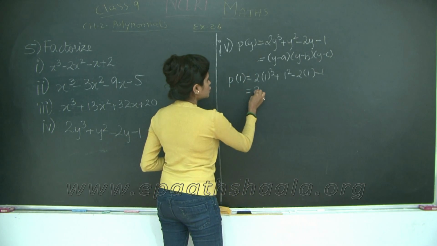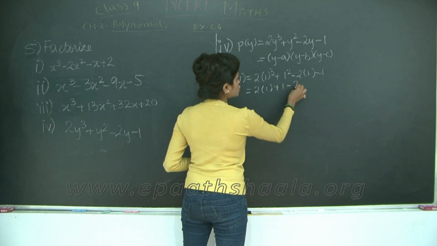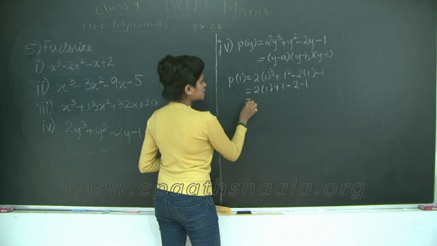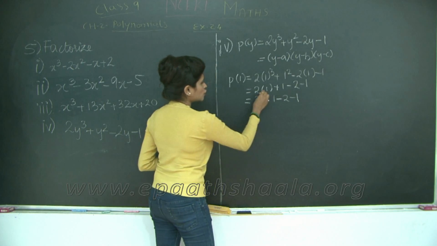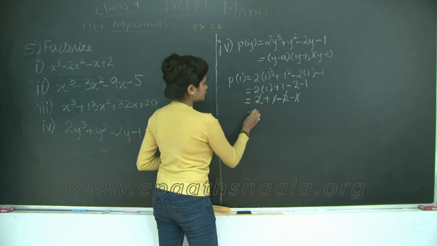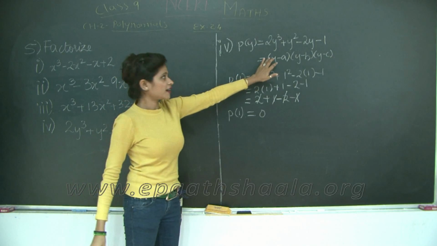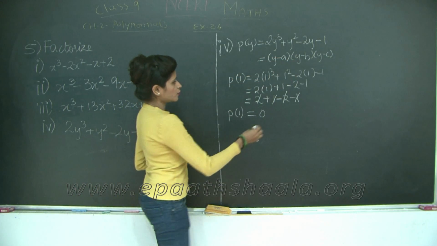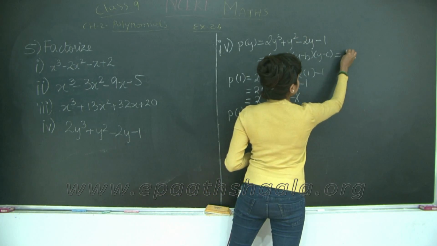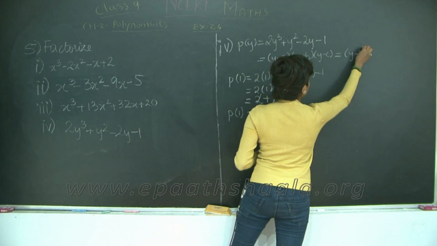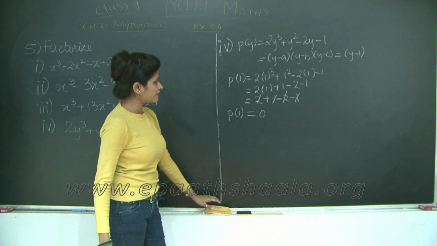This gives me 2 into 1 plus 1 minus 2 minus 1, which is equal to 2 plus 1 minus 2 minus 1. So everything cancels out. So using the trial method, we found the first factor, y minus a. So y minus a is going to be y minus 1, right? Because p of 1 is equal to 0 by the factor theorem.